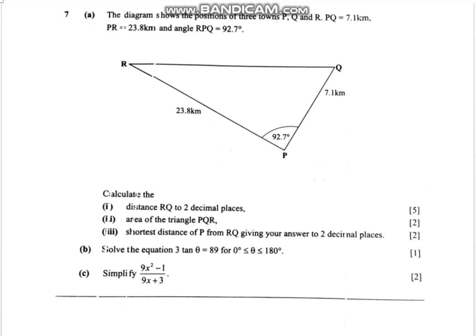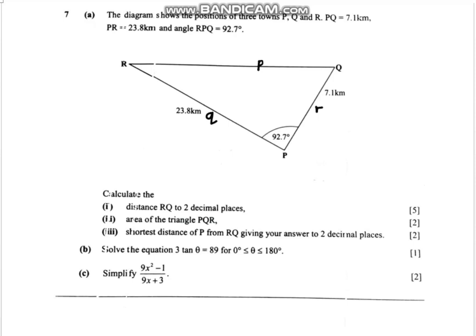So working with the cosine rule, we are going to denote the sides given using small letters. So the side RQ will be denoted by small letter p, and the side PQ will be denoted by small letter r, and the side PR will be denoted by small letter q. This is because these sides are opposite to the angles.